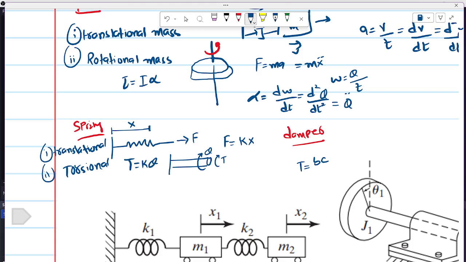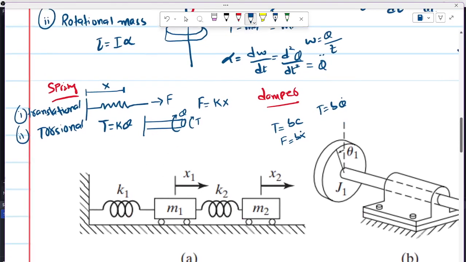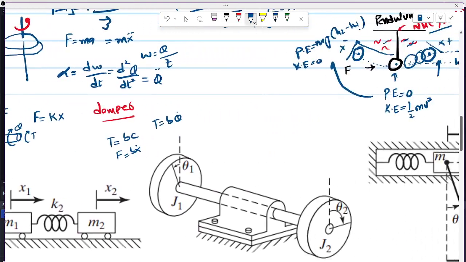So you can write torque t equals b theta dot, or F equals b x dot. That's the damping force. So that's the basic introduction of the elements of a mechanical vibrating system, and we will see these systems in detail. Here are some examples of vibrating systems.